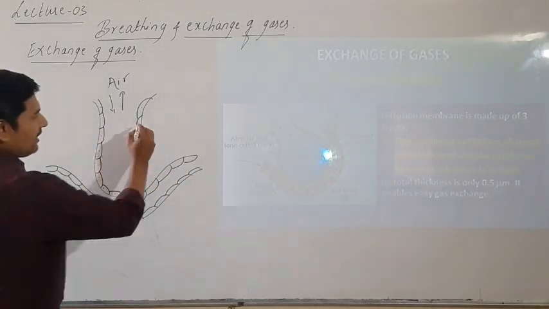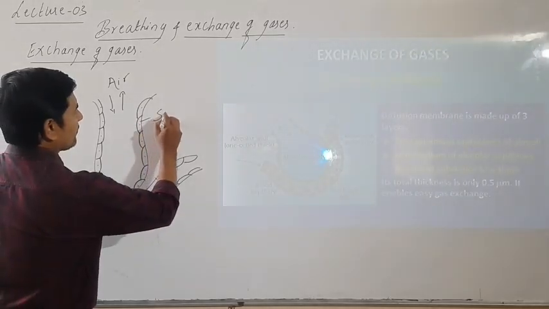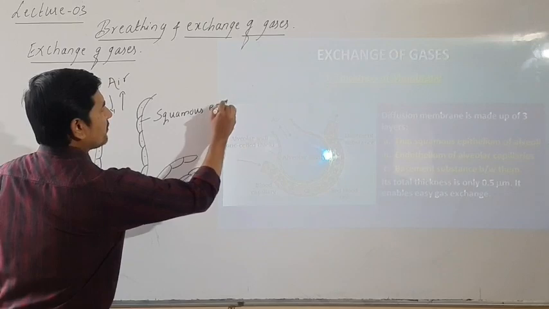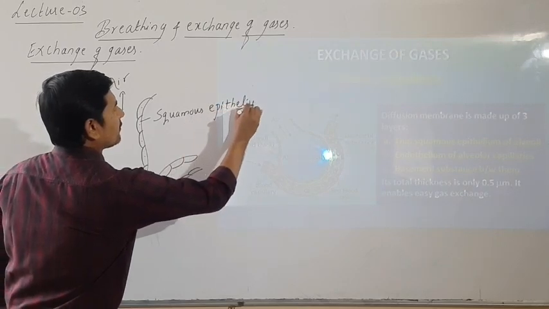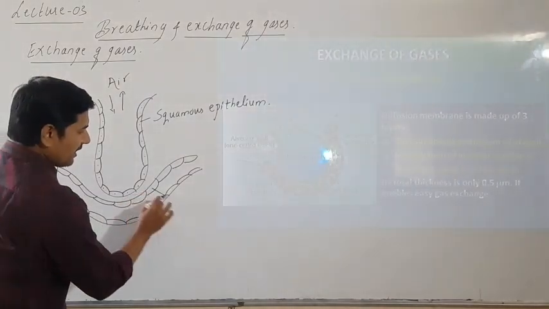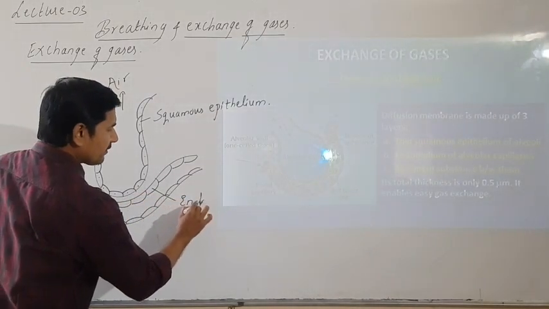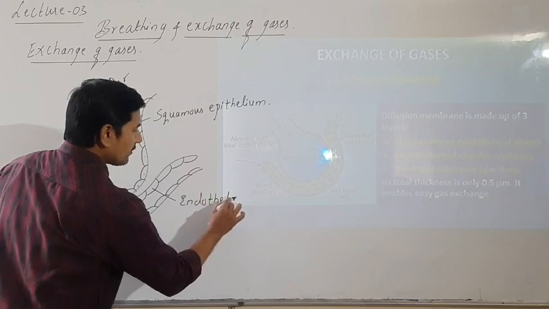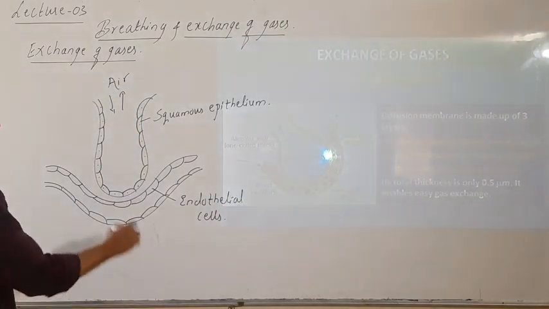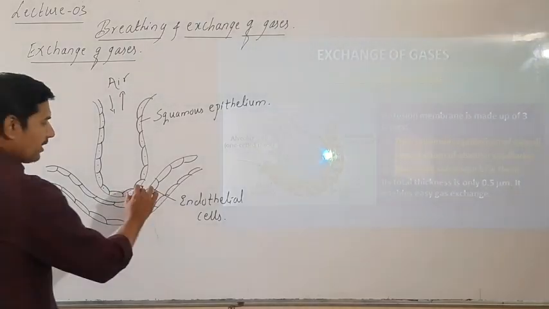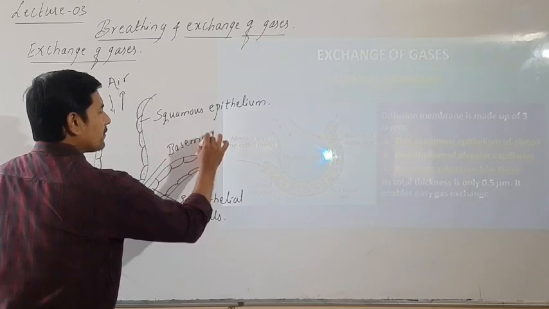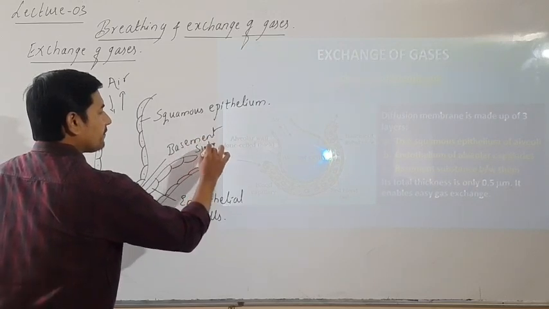Now this is the alveoli. This is the squamous epithelium. Then here we have the endothelial cells. And in between these two, here we have the basement substance.